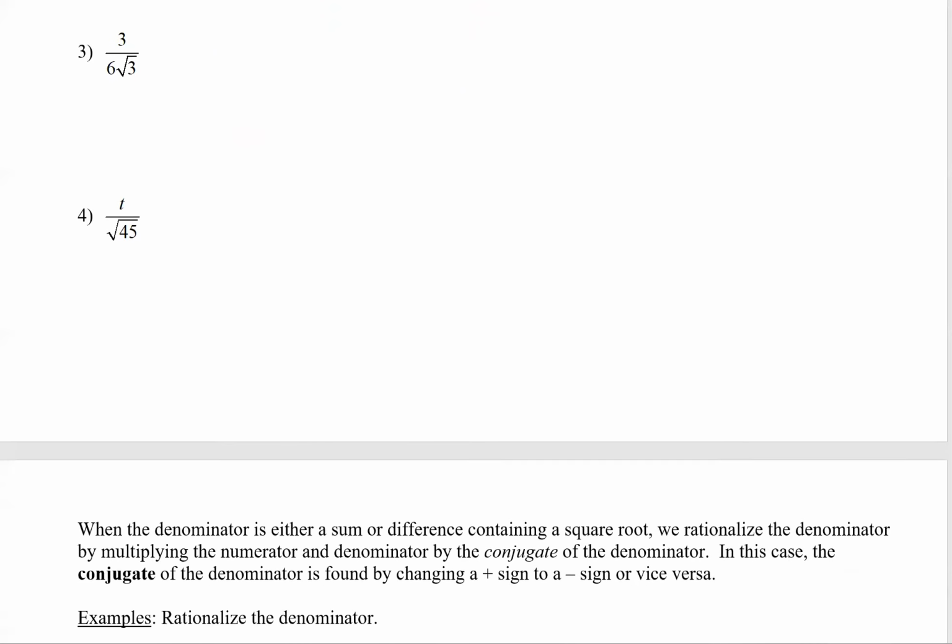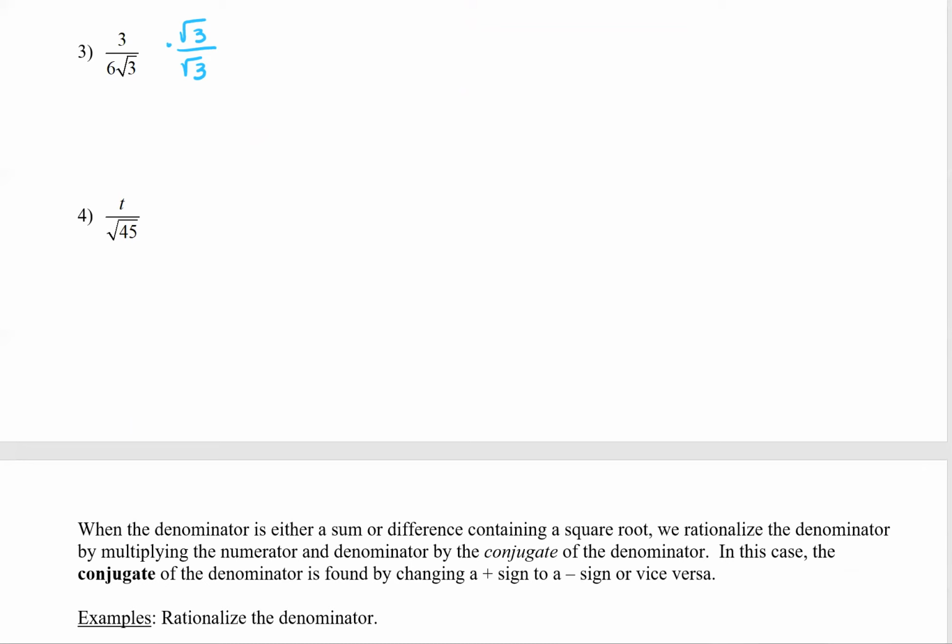Number 3. The radical that is in the denominator is the square root of 3. So let's multiply by the square root of 3 over the square root of 3. And we could also simplify before we start.